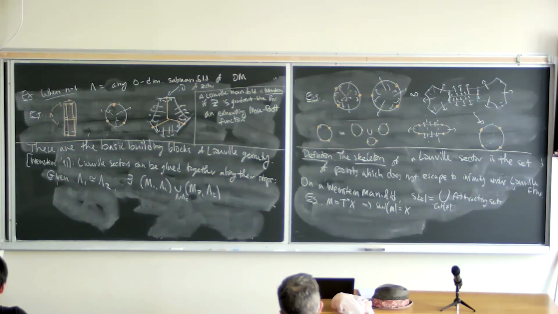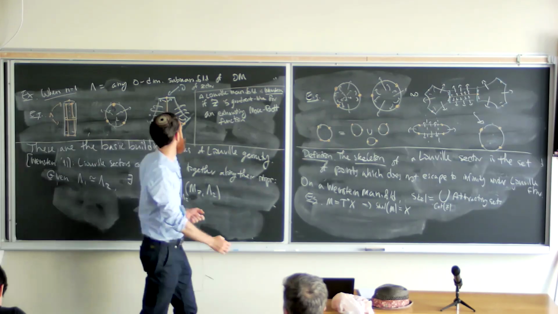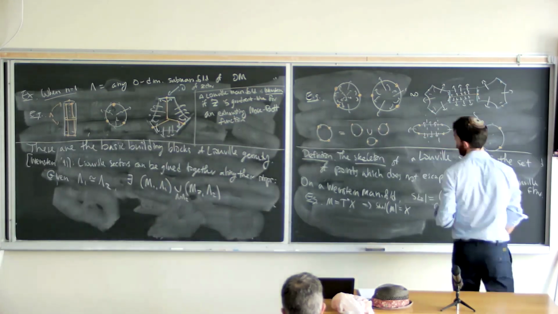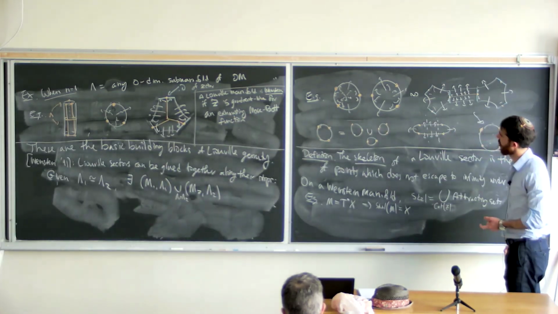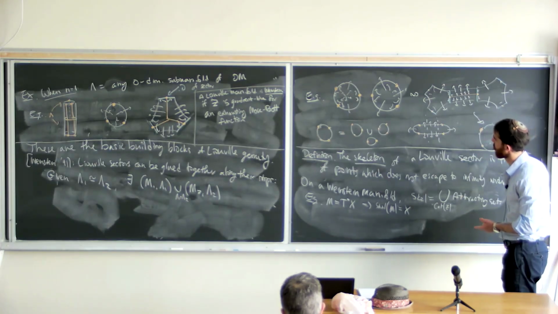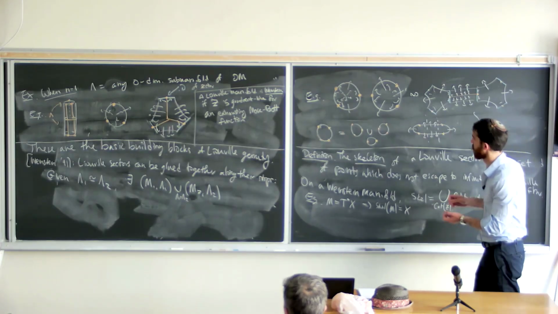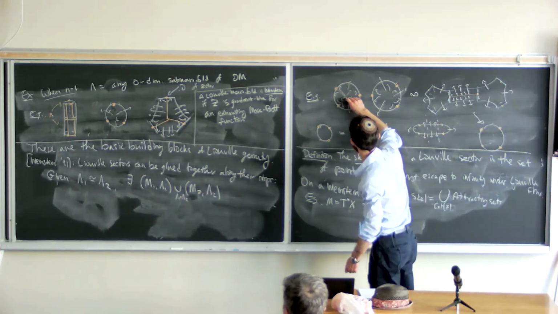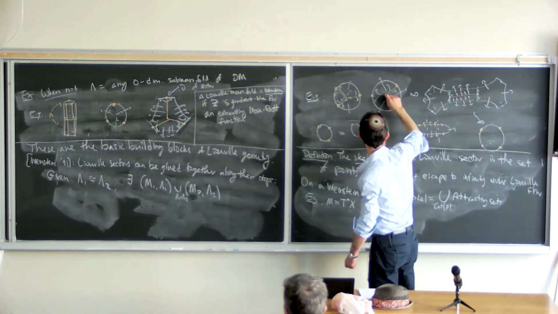Okay, so the skeleton is like take the compact part of the skeleton and then take the Legendrian at infinity and flow it backwards under the Liouville flow. And so this skeleton is just a helpful diagrammatic way. I mean, it's much more than that, but it's a helpful way of organizing what the Liouville vector field is doing here.